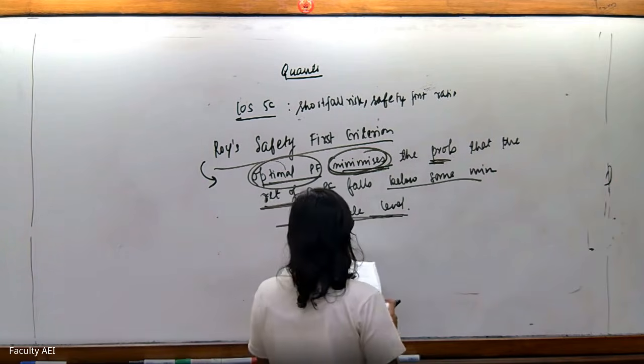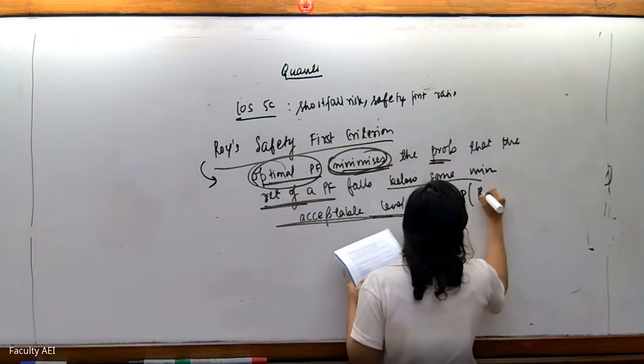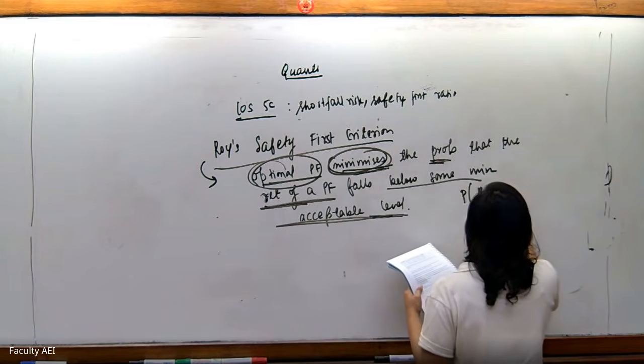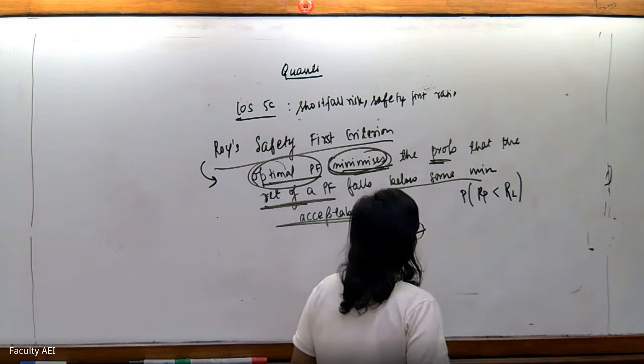minimum acceptable level. That is, let's say RP is the return of the portfolio and RL is the minimum acceptable level.